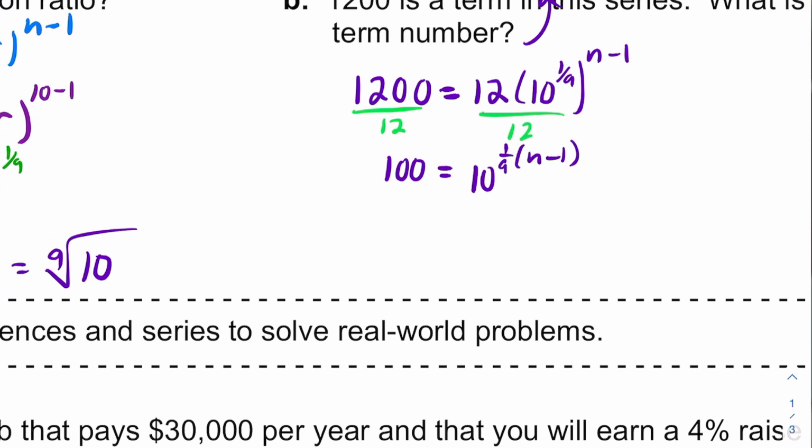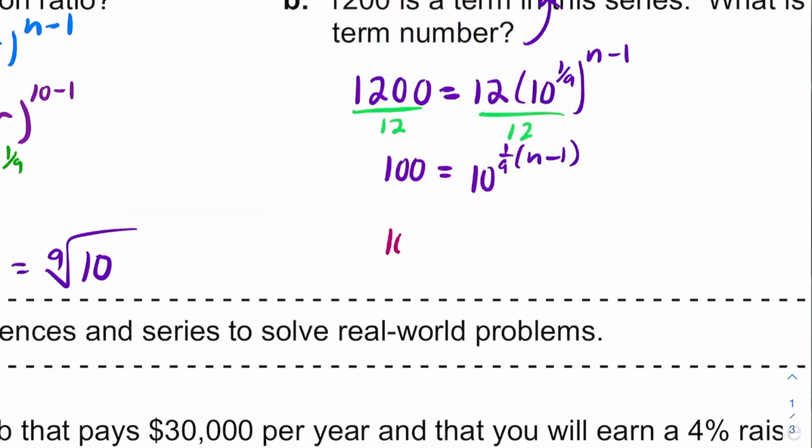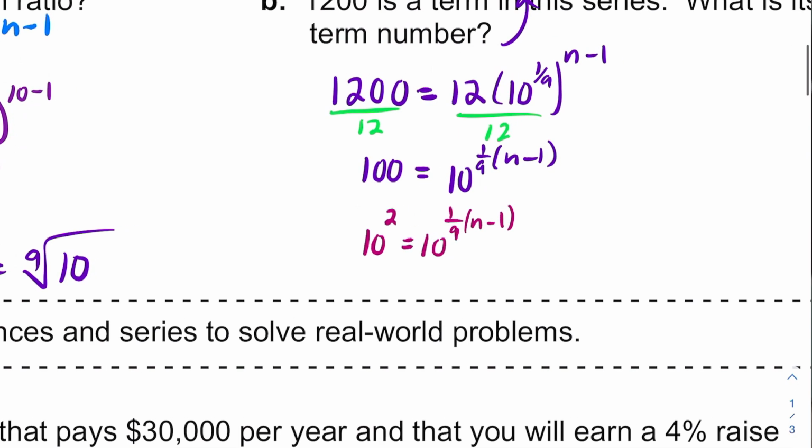Well, thankfully 100 is a power of 10. So I can rewrite this as 10 to the 2nd power equals 10 to the 1/9 times n minus 1 power. Now that I have bases of 10, remember that we can ignore them and set the exponents equal, and make this 2 is equal to 1/9 times n minus 1.